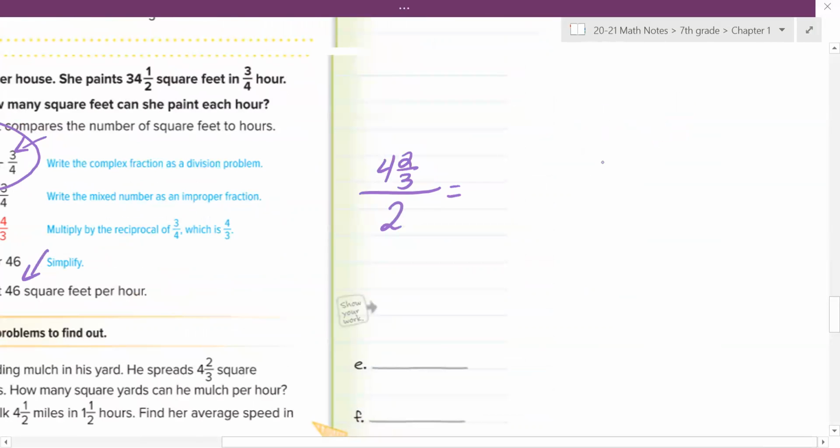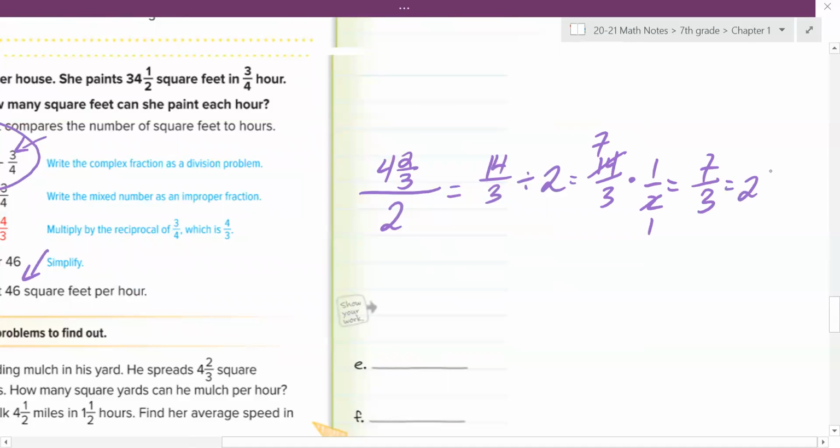So you would have 14/3 divided by 2. Then you'd plug that into your calculator, or you could do 14/3 multiplied by 1/2. If you were doing it longhand, 2 goes into 14 7 times, 2 goes into 2 once, so you'd have 7/3, and you would have 2 1/3.